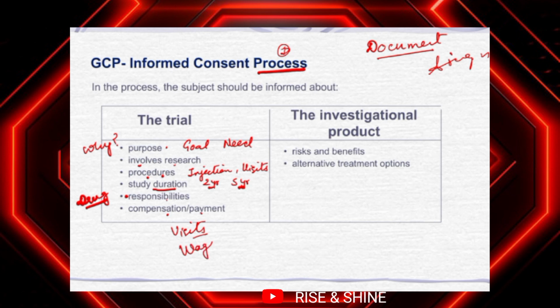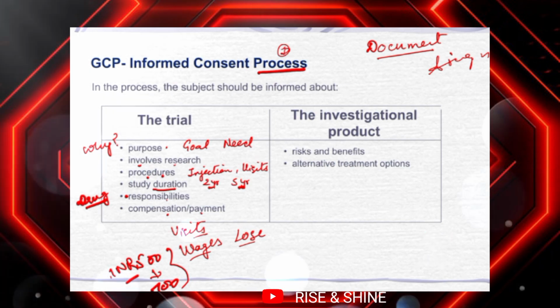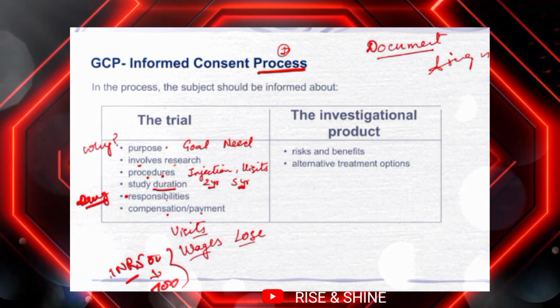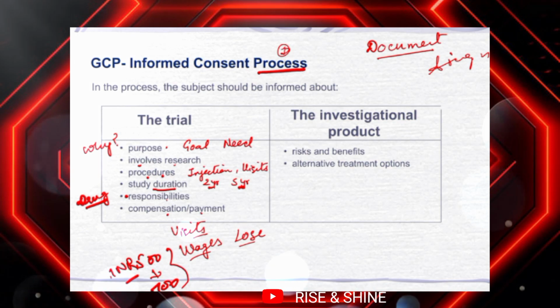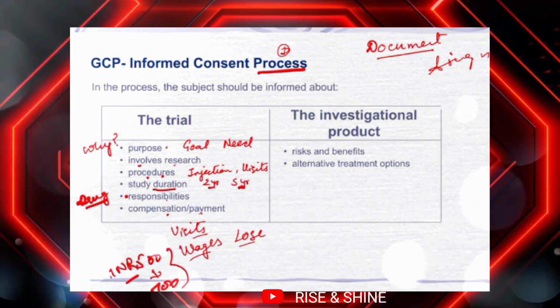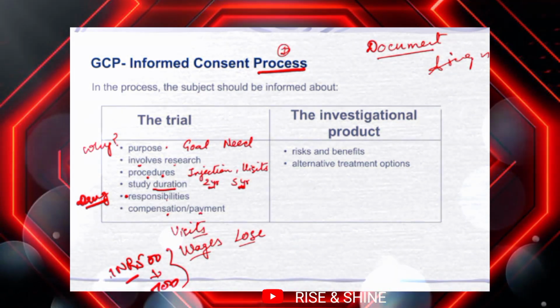If the wage of that particular country per day, suppose I am talking about India, ranges from 500 to 700, equivalent to that their compensation is given. So if they are visiting one day in a clinic, and similarly throughout the study they have to visit 5 or 10 times, every time they come to the clinic, some payment is made to them.